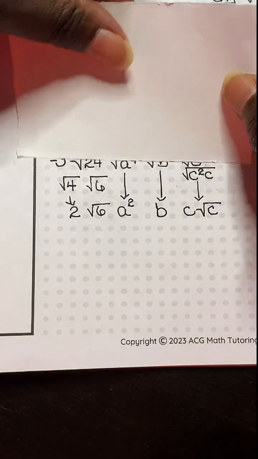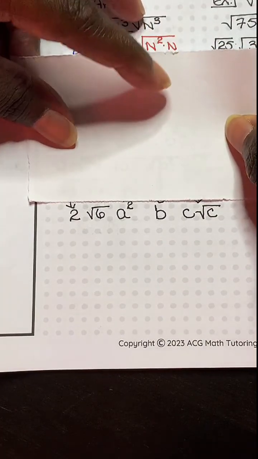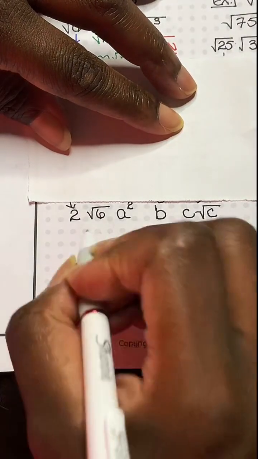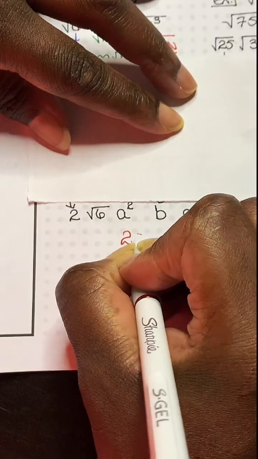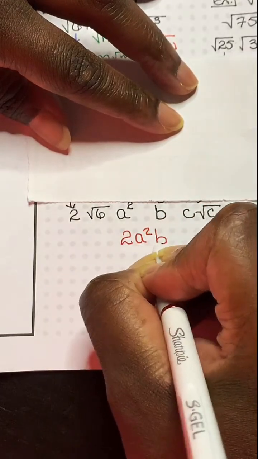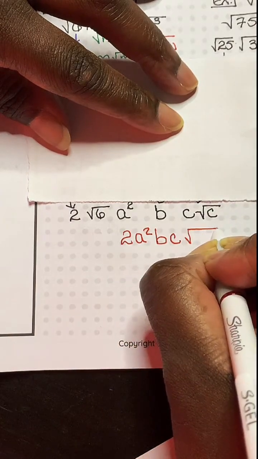Okay, so now, covering all of this up, we're going to take what's outside the radical and make them their own. So we have our 2, we have our a squared, we have our b, we have our c, and we have our square root.